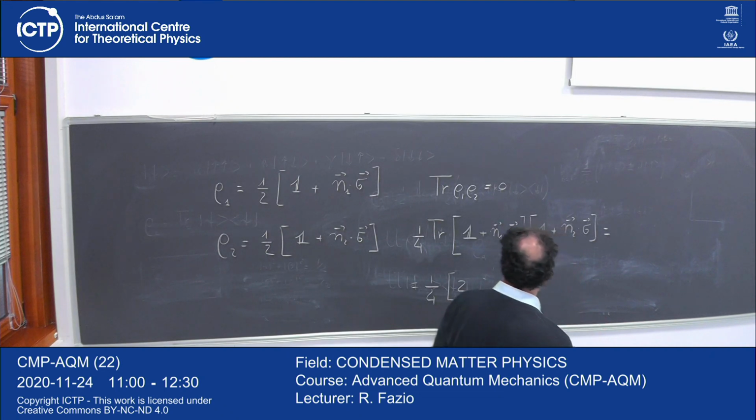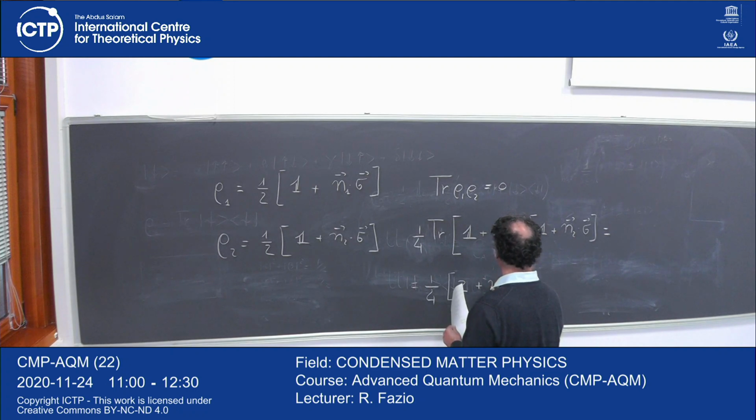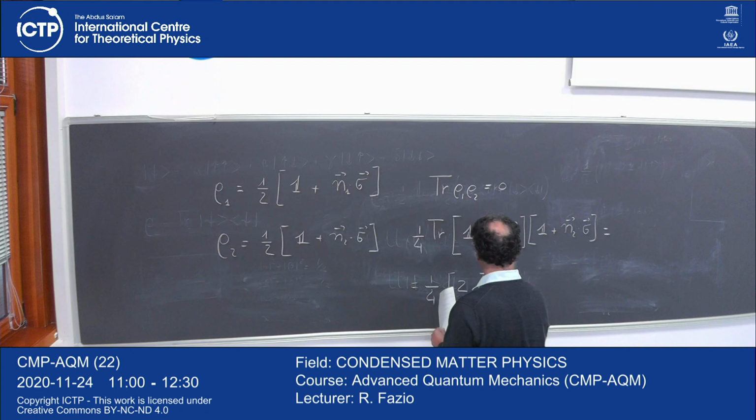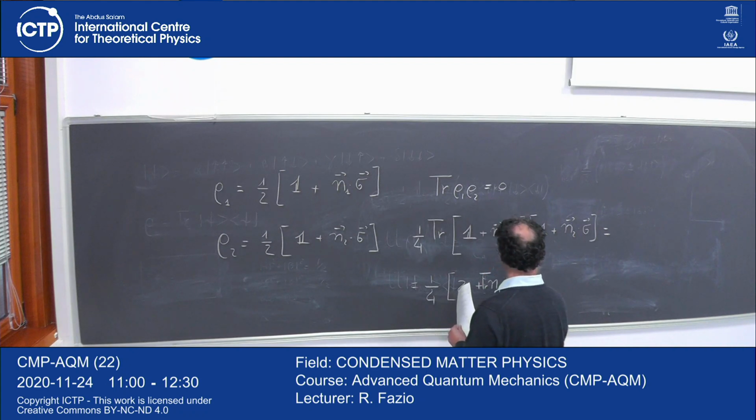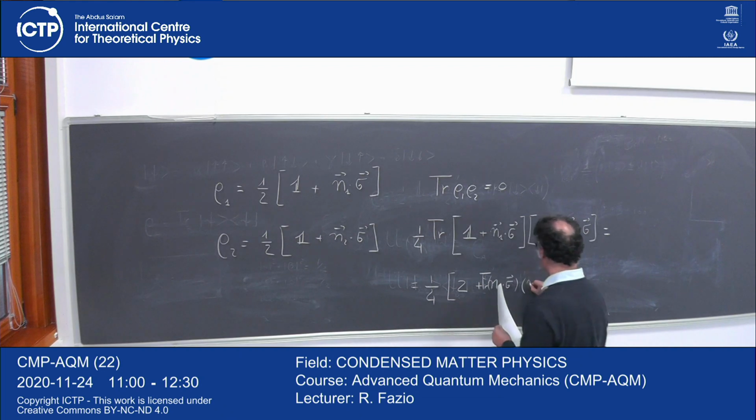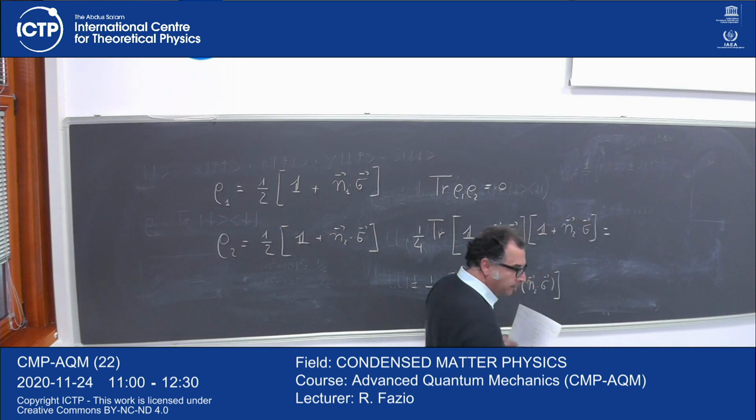Okay? So then I have a plus the trace of N1 dot sigma times N2 dot sigma.